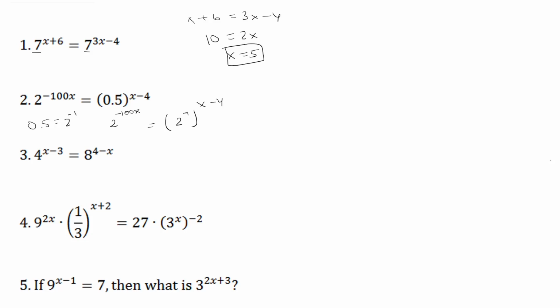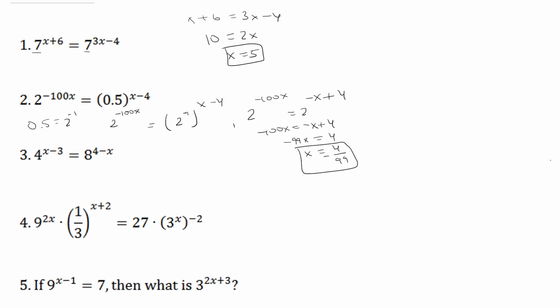Whenever you have an exponent to an exponent, you multiply. So we're going to multiply the negative 1 with the x minus 4. And now they have the same base, which means you just set the exponents equal to each other. I'm going to add x to both sides and then divide by negative 99 to get x is equal to negative 4 over 99.